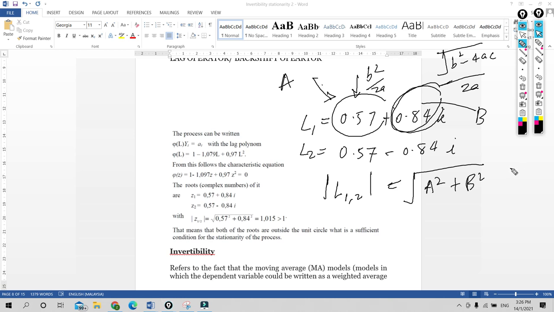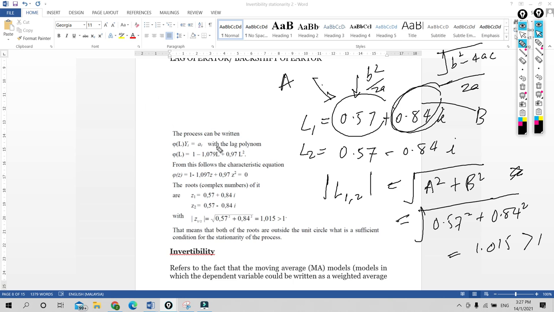If we solve 0.57 squared plus 0.84 squared, you will get 1.015, which is greater than 1. Then this function can be considered as a stationary function, so it meets the criteria of stationarity.